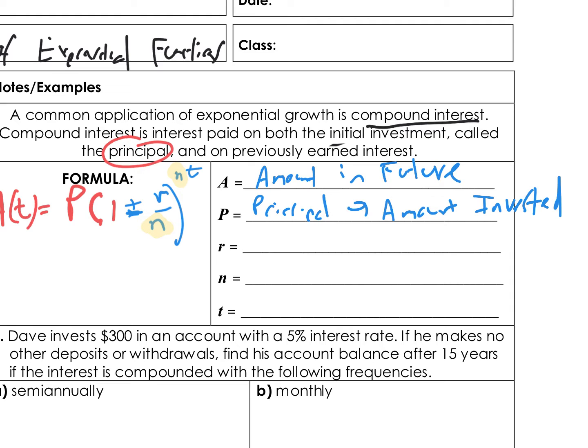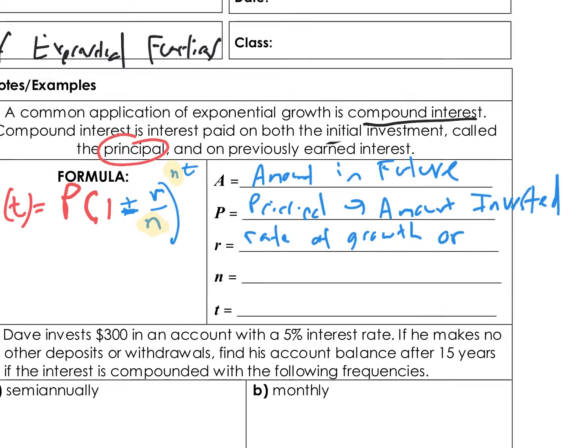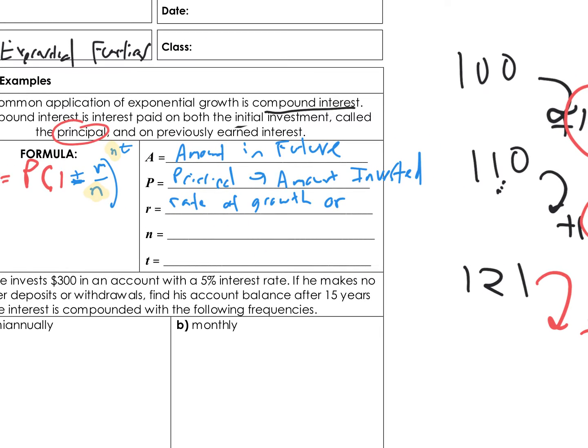R is the rate of growth, or in money, we don't usually say decay. We usually call it depreciation. Have you heard of that word? Well, I said it earlier.